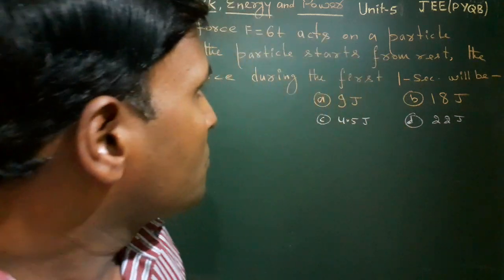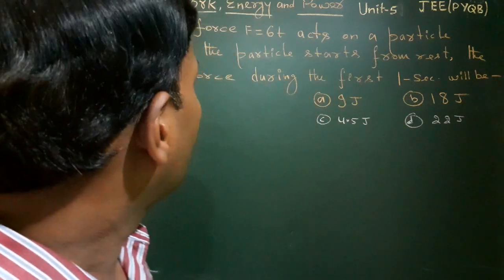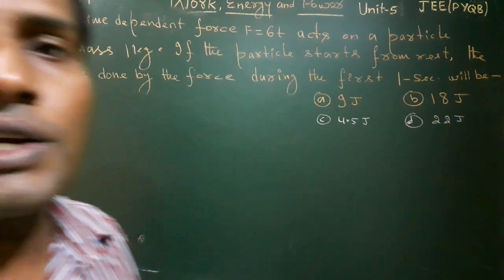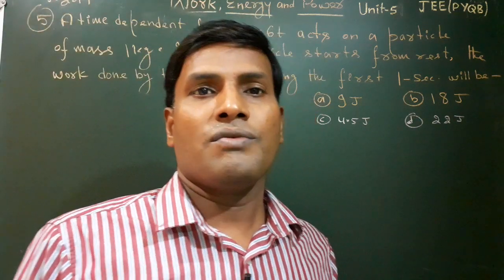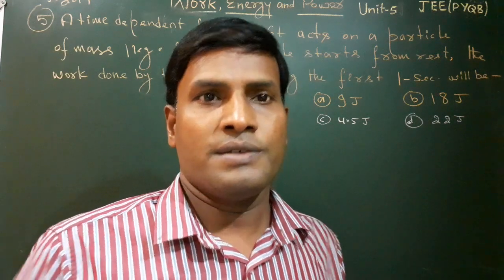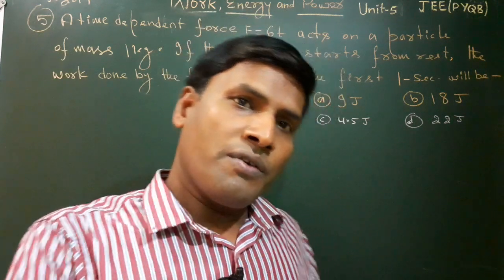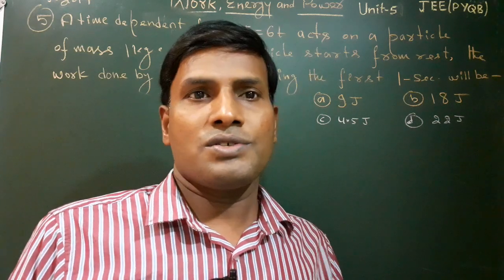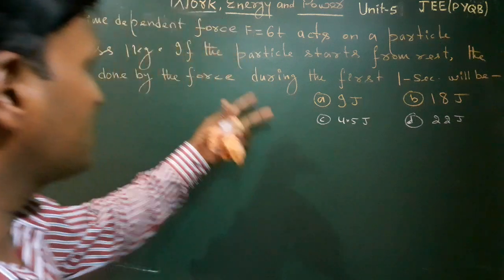So how can we solve it? Here the force is given, so we can calculate the acceleration and apply kinematics. But if we apply the work energy theorem, then we can solve it very quickly.